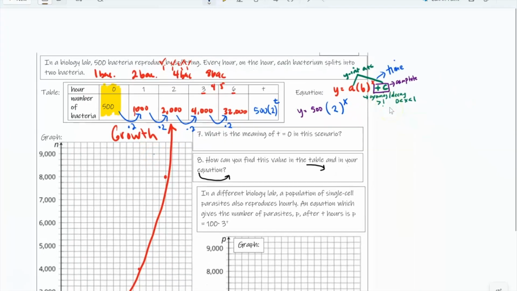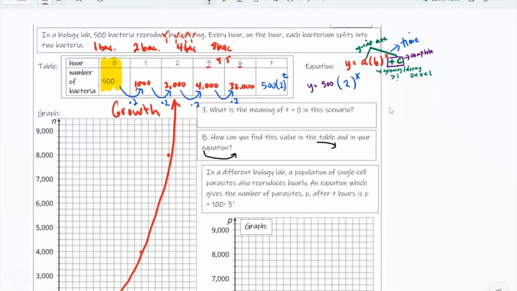Now let's answer some questions again. Nothing new that you haven't seen before. What is the meaning of t equals 0 in this scenario? So remember, with the problems like this, you just have to use what the question is saying. So it's a biology lab. 500 bacteria is being reproduced every hour. Okay, so what does t equals 0 mean? So you look at where t is equal to 0, and you're using these words right here. Pause the video and see if you can write it out.